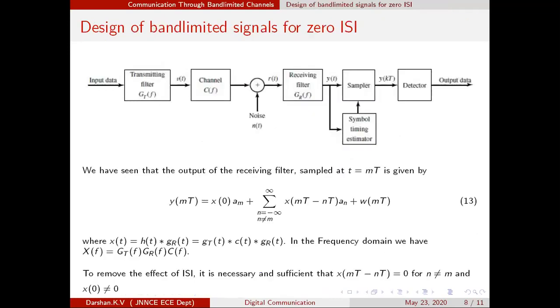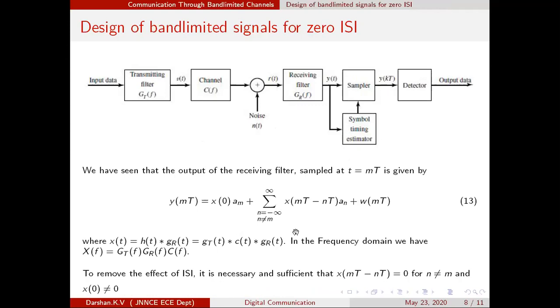Now the topic is, we need to remove that inter-symbol interference. How to remove that? That will be continued now. If you observe the equation, this is the sampled value at the receiver, sample number m. What does this mt represent? The sample number. If you observe the sample value, what are you having?